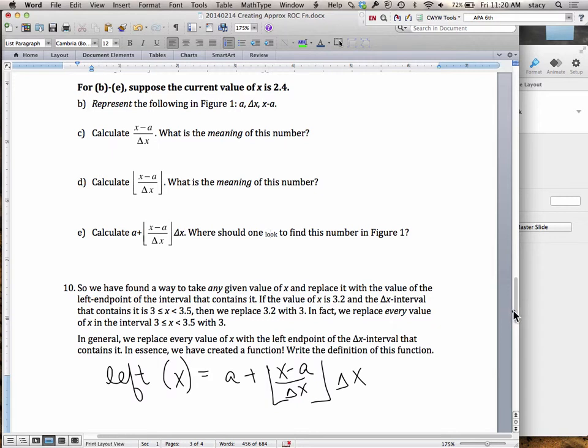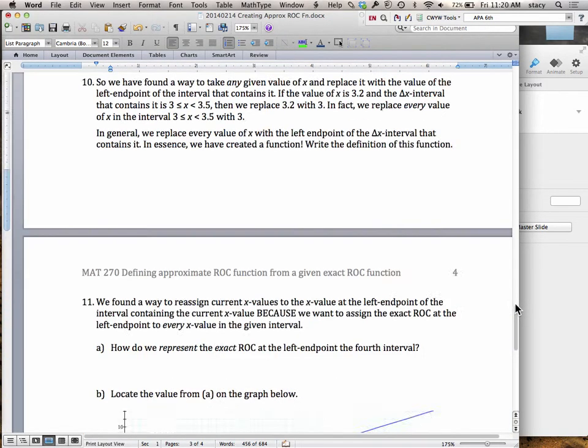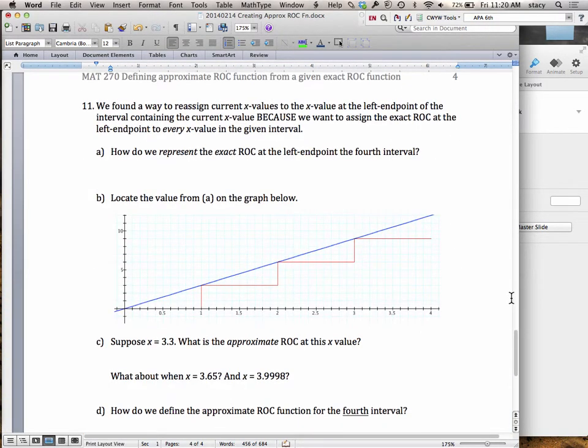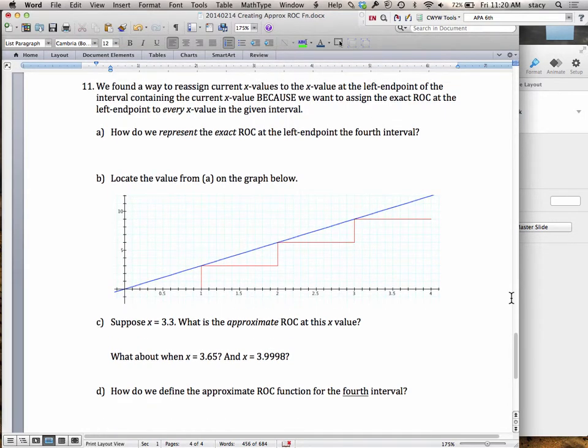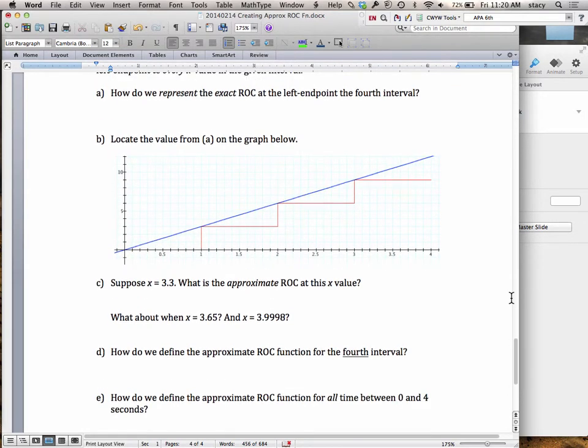There's one more page, and we're not going to get to it today. So this just became your homework. It will take you through the process of actually defining the function itself. Just so we're clear, all we've done so far is reassign current x values to left endpoint x values.